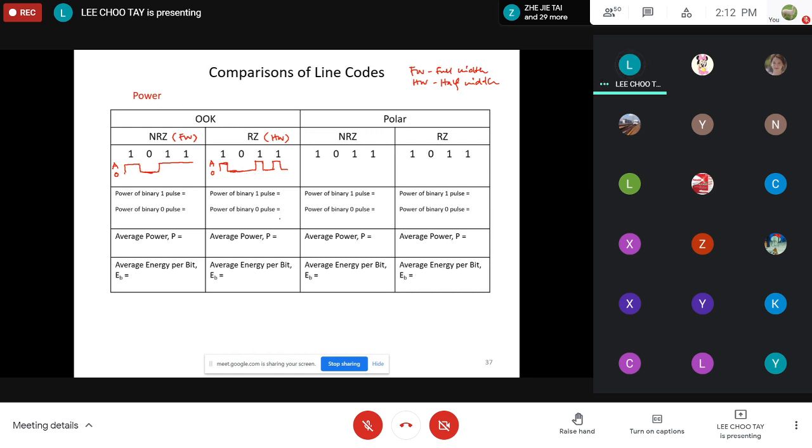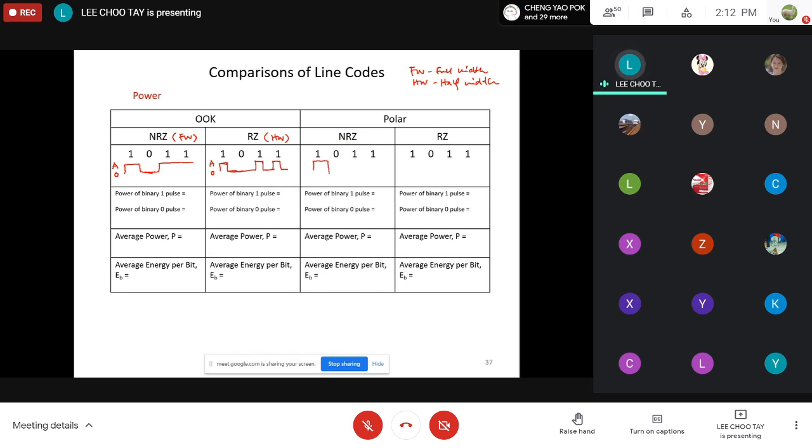Then for polar non-return to 0, to transmit a 1, we transmit a pulse with the amplitude A, non-return to 0, therefore it lasts for the entire bit duration.